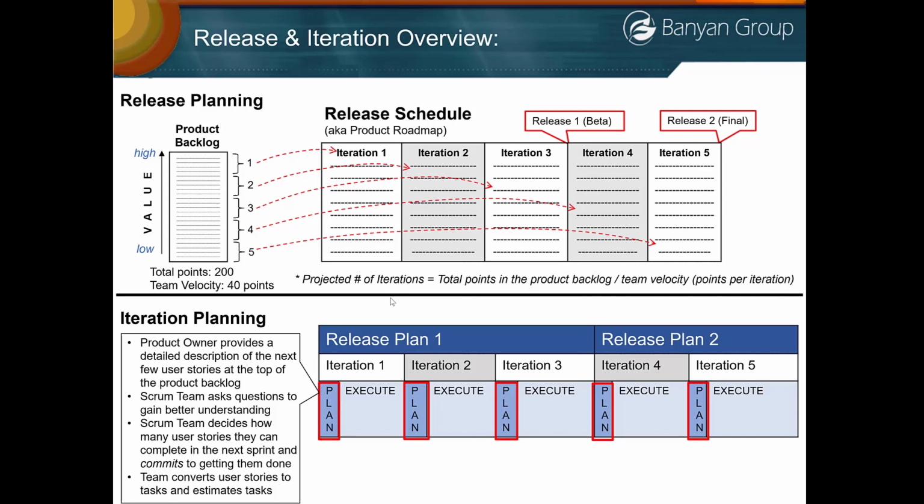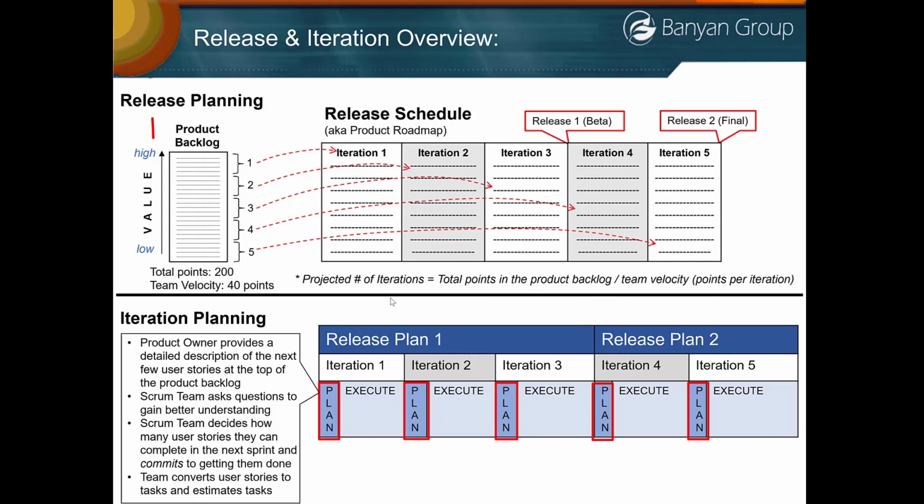You'll notice that each iteration has detailed planning at the beginning of that iteration. So we do high-level planning at the beginning of the project to create our product backlog, but we do detailed planning at the beginning of each iteration, where the team breaks those user stories down into tasks and estimates the tasks.